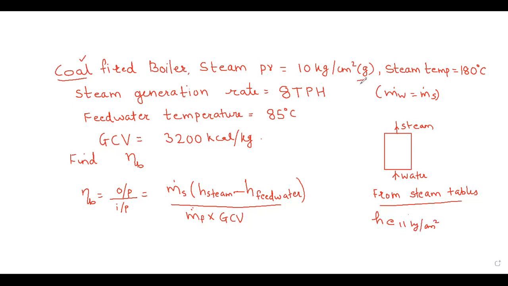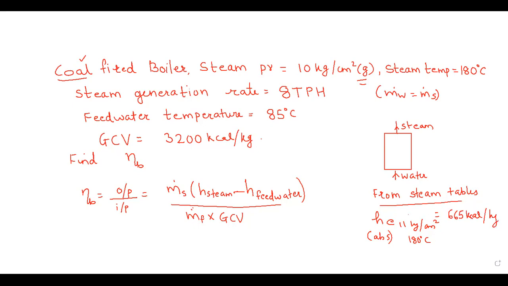Because this is a gauge pressure, and I need to convert it into absolute pressure by adding 1 kg as the atmospheric pressure. So at 11 kg per centimeter square and at 180 degrees centigrade, I can read the enthalpy value of the steam so generated, and this value I have been given as 665 kilocalories per kg. You can confirm this value yourself from the steam tables.